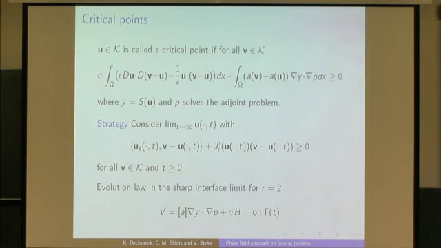If you try to go back to a sharp interface limit, unfortunately there's an error on this slide. You get something which we have already seen today in Matteo Novaga's talk. There is an evolution law which is v equal to sigma times the mean curvature, and this bracket here should be over here. So you get a jump across the interface, and what you have in this jump are the solutions of the boundary value problem and the adjoint problem, and the gradients jump across the interface.